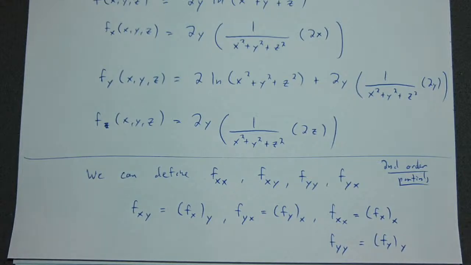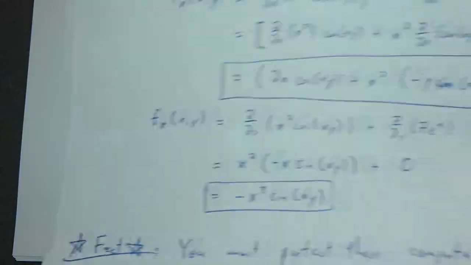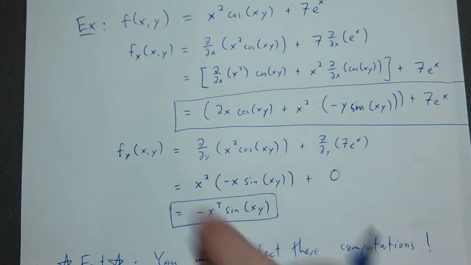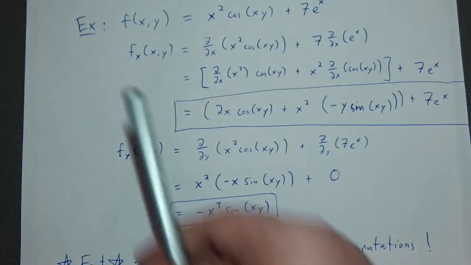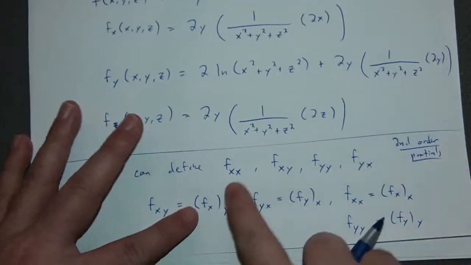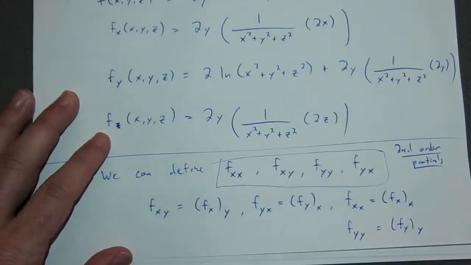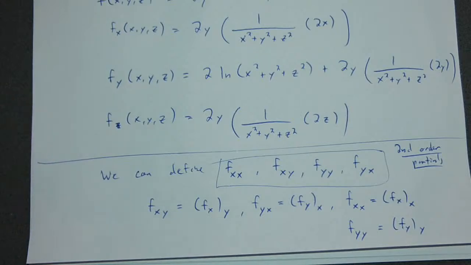But of course, this isn't going to be the case for our examples because, for instance, here we have function f of xy, and it has 2 first-order partial derivatives, one with respect to x, one with respect to y. And then how many second-order partials does it have? 4. Right, 4.